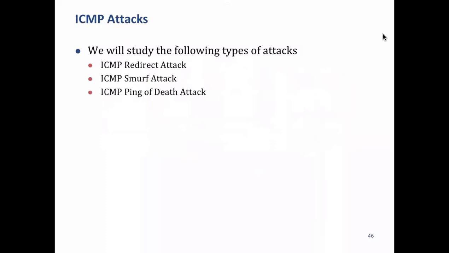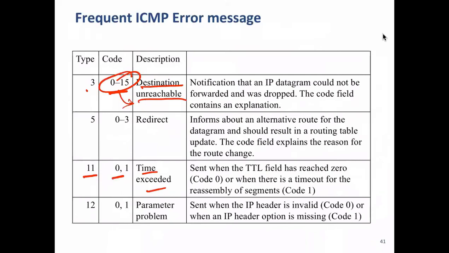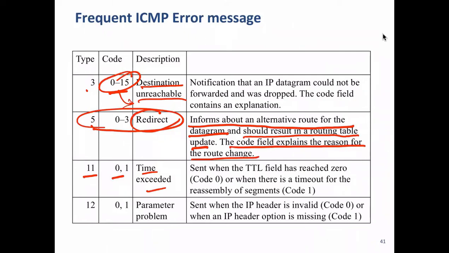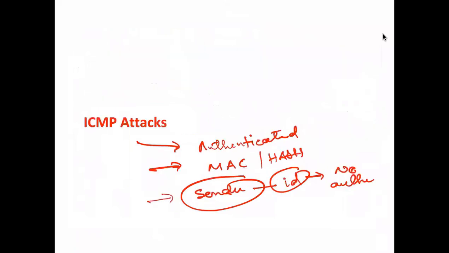The first is the ICMP redirect attack. You would have noticed that there is one particular ICMP message, which is type 5, with code between 0 and 3. This is the ICMP redirect, which informs about an alternate route for the datagram, and should result in a routing table update. The code field explains the reason for the route change. Now you can create an ICMP message and ask for a route change, so this will disturb the normal operation of routing.